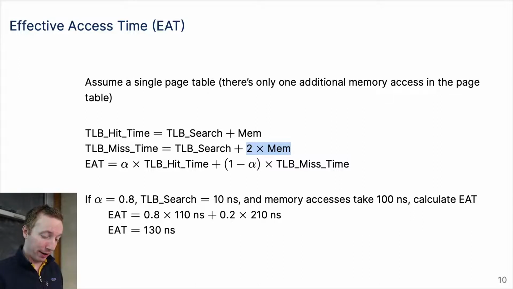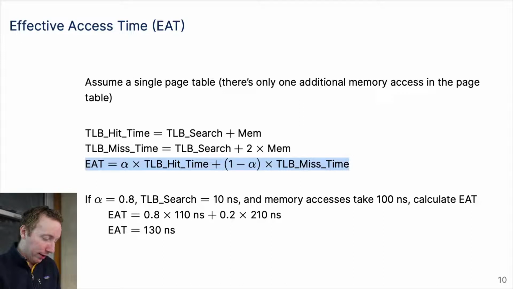Well, if we had 3 levels of page tables, then it would be the search time plus 3 memory accesses to go over the page tables, and then the original memory access. So you can see how this gets even worse the more levels we have. If we had 4 levels and a massive table, then this would be 5 times memory. So it would get even slower, and each miss would be more costly.